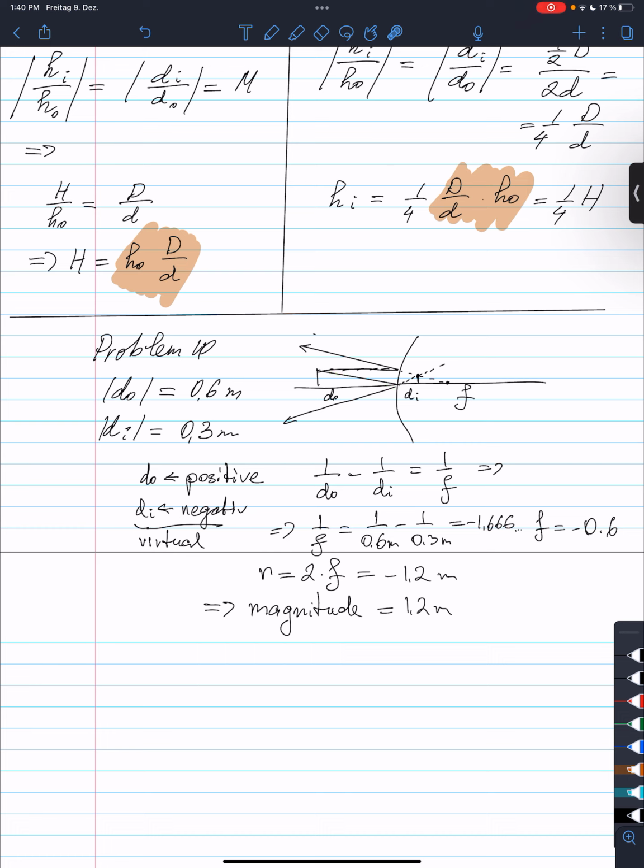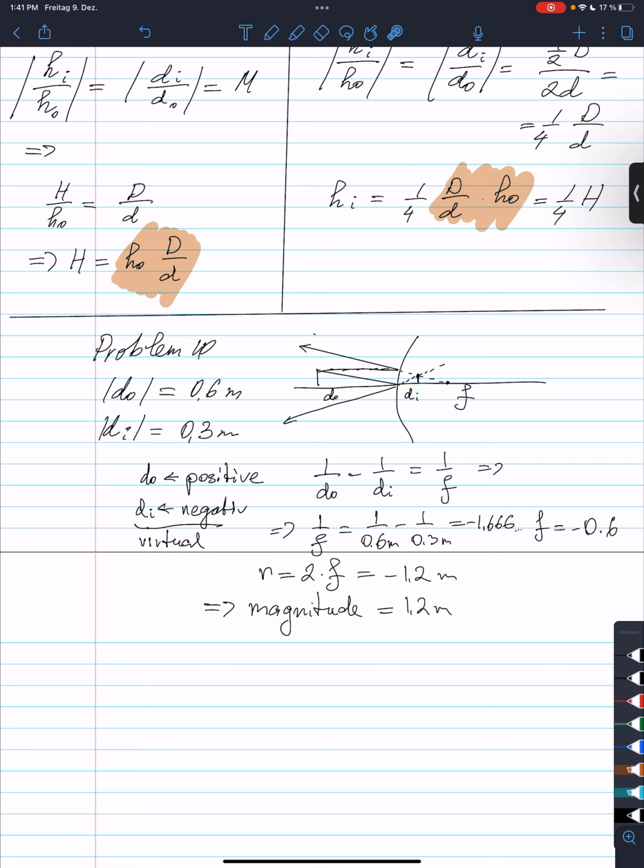The only way for them to cross is to draw them behind the mirror, right? So this is how they will appear for me. I have to extend the light rays behind the mirror, and this is where they cross. They will define where the image is located.